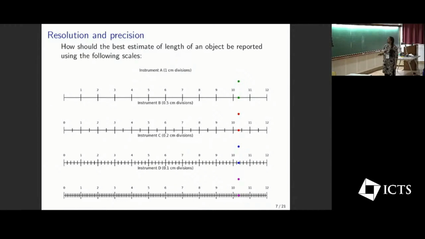Yeah, so now it gives you 10.4 and the last one gives you? 10.3, right? So as you include more and more divisions, you're getting to be more and more precise with your measurements. Okay, there's no Nobel Prize winning stuff over here. It's very simple, but often overlooked.